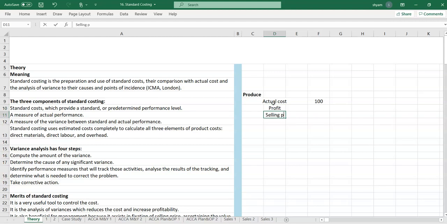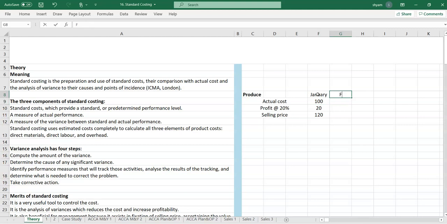Will that work properly? If you add 20% of whatever the cost is, this will be 20 and your selling price is going to be 120. But this is for January.